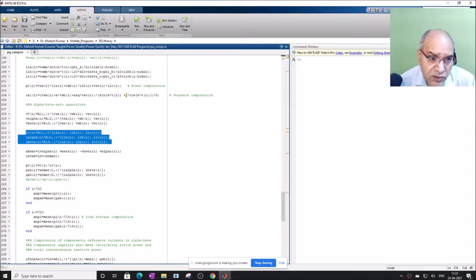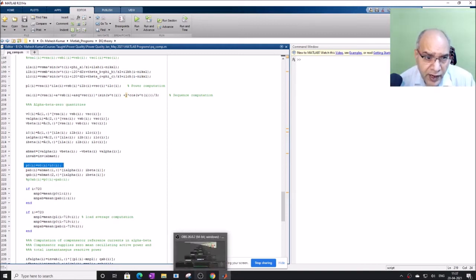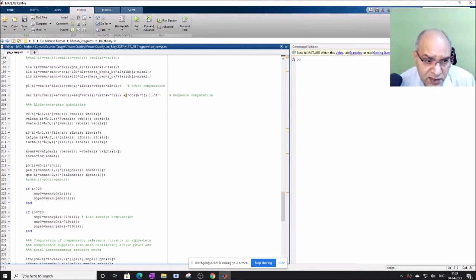And then we compute the alpha, beta matrix and the inverse of the alpha, beta matrix. I have taken here 2 by 2 because we don't need 3 here. The zero sequence can be separately extracted. So this is PL0, which is the product of V0 into I0. And this is P alpha beta, which I have denoted as PL alpha beta, and this is QL alpha beta.